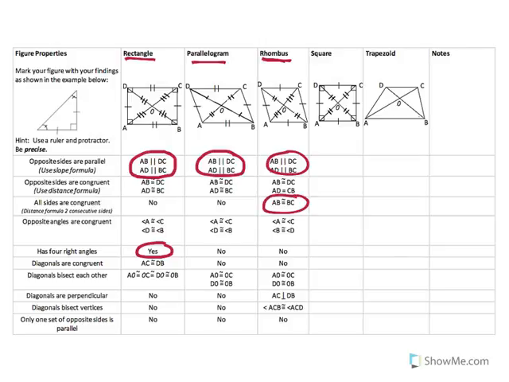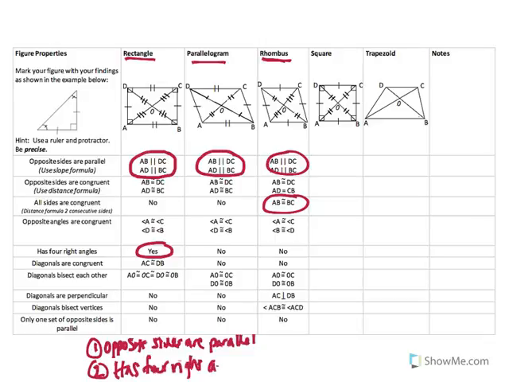The reason why we circled these parts is because those are the only things you need to prove that shape. So if we want to prove something is a rectangle, we have to first prove that opposite sides are parallel, and then we prove that it has 4 right angles.